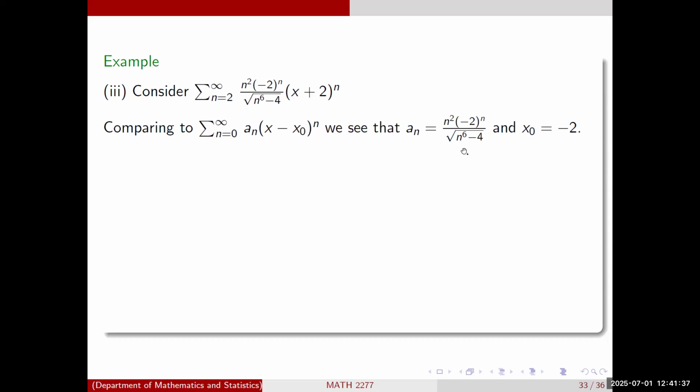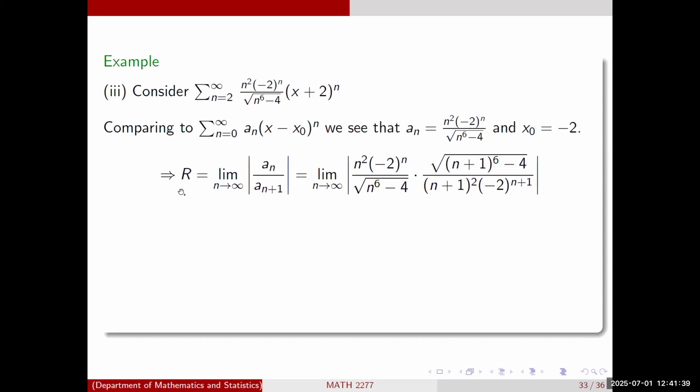So once you find a_n, you then need to work out r, right? We need to work out this limit. So it's the a_n term divided by the a_{n+1} term, right? So you flip it. And some stuff will cancel down, right? You don't get much cancellation.